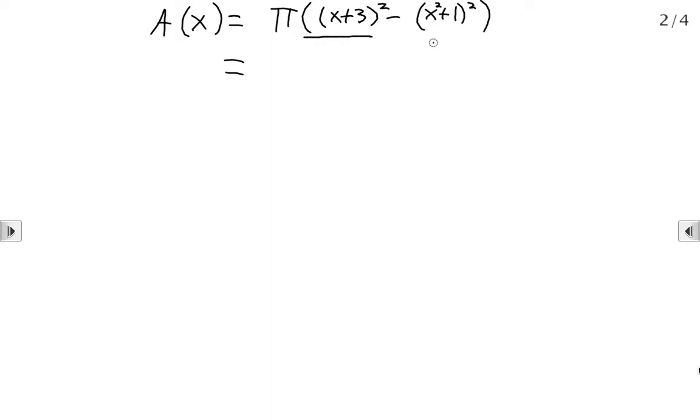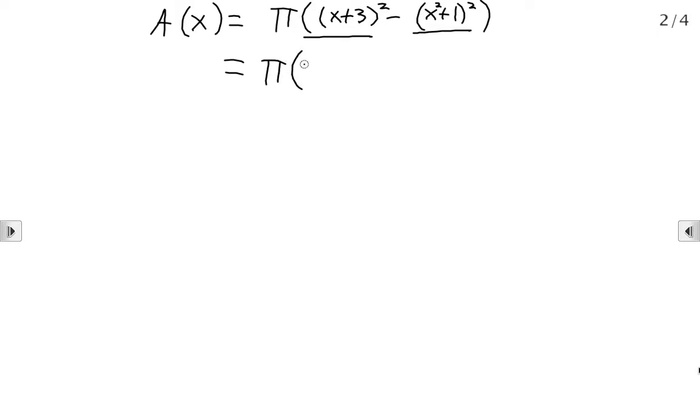Let's go back to that area formula, and before we plug it into the integral, come up with a slightly simpler representation. We should probably go ahead and expand these two binomials.